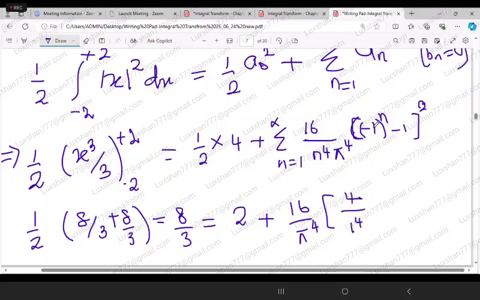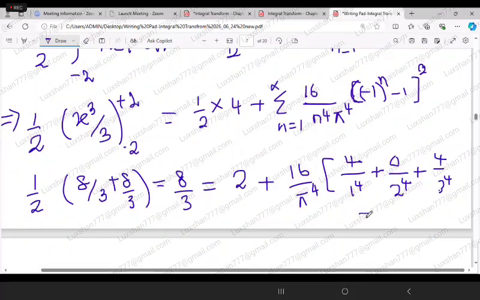If you put n equal 2, that is 0, we get plus 0 over 2 to the power 4. Plus, if you put n equal 3, then again it is minus 1, minus into minus is plus, so that is 4 over 3 to the power 4. If you put n equal 4, then that is 0 over 4 to the power 4, and so on.